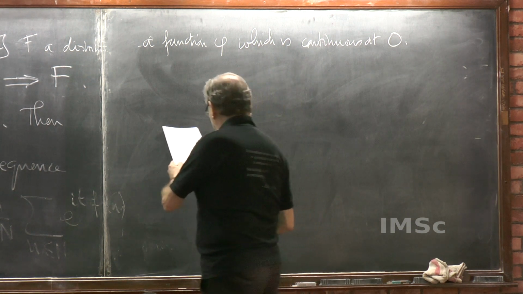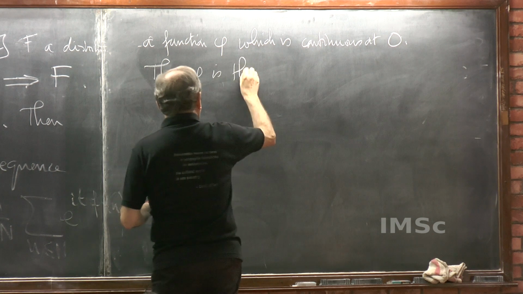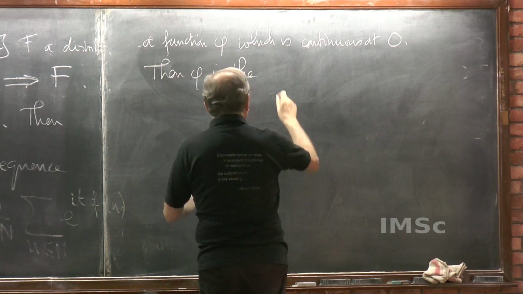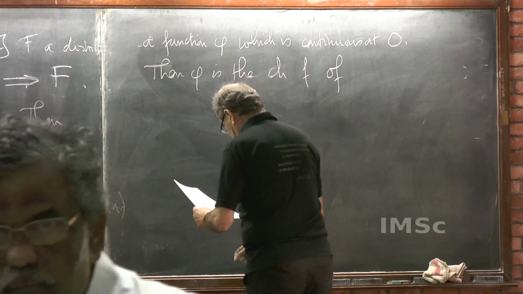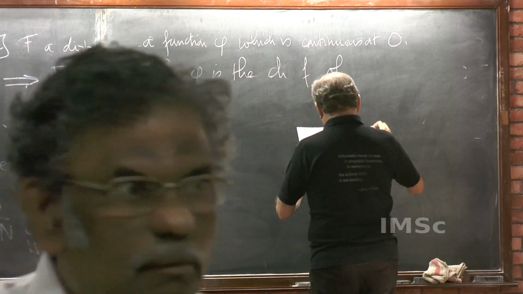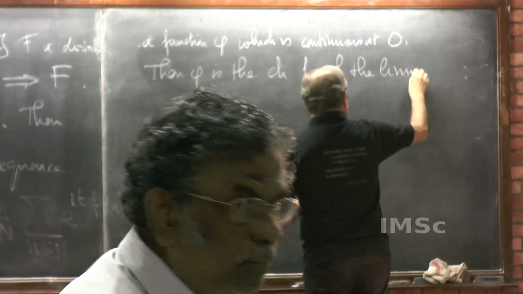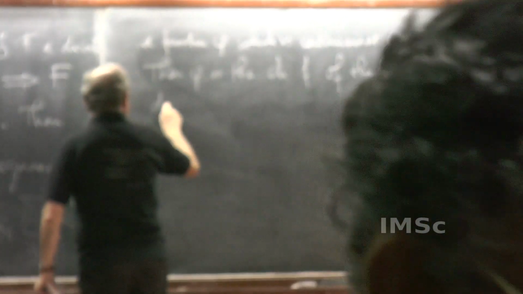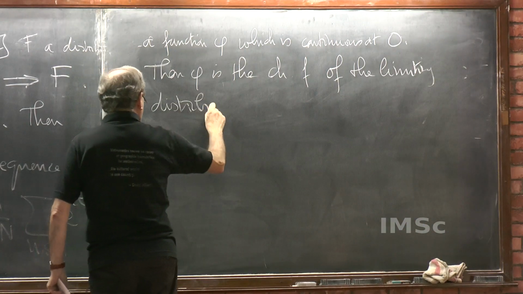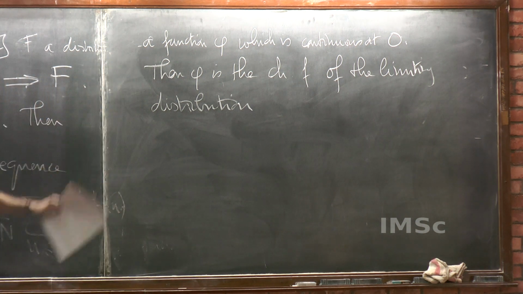And of course, then phi is the characteristic function of the limiting distribution. Not only does the limiting distribution exist, but you know what this Fourier transform is?